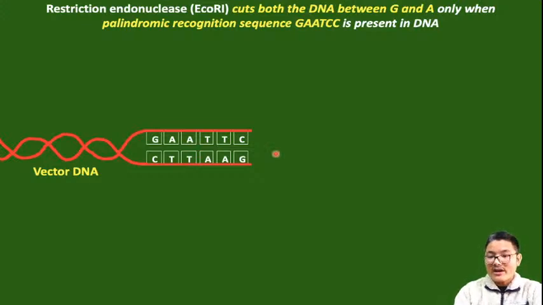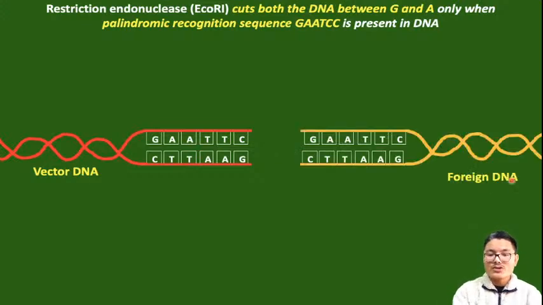Same is the case. We have foreign DNA, which also has GAATTC, and the opposite strand of the DNA GAATTC. So within the DNA, we have these nitrogenous bases which form the recognition sequence.